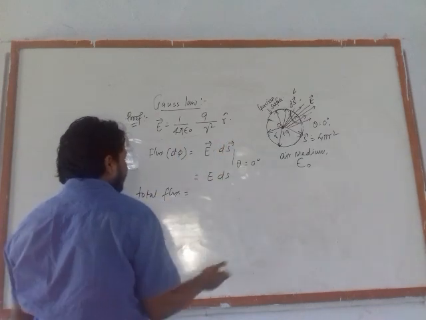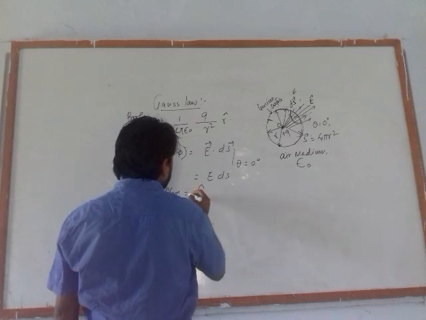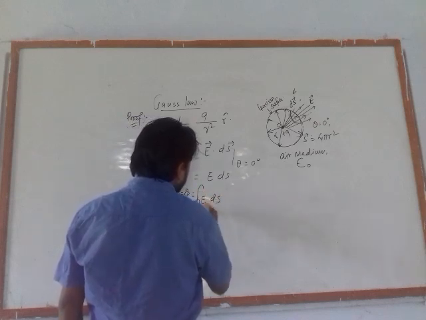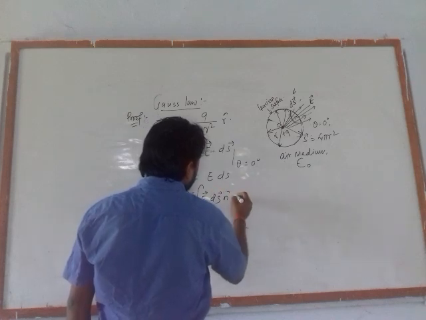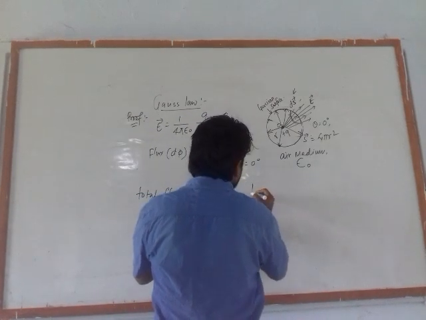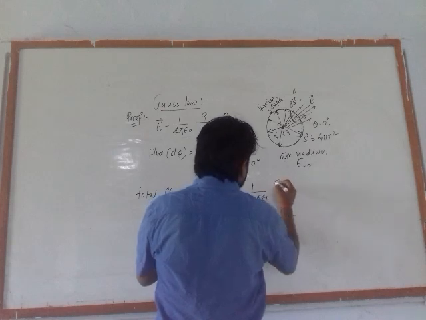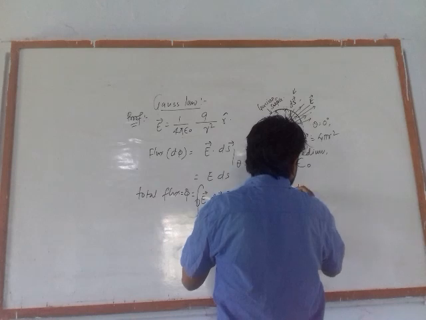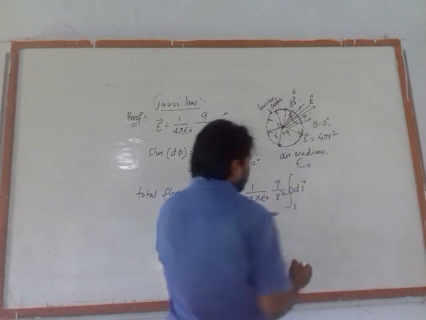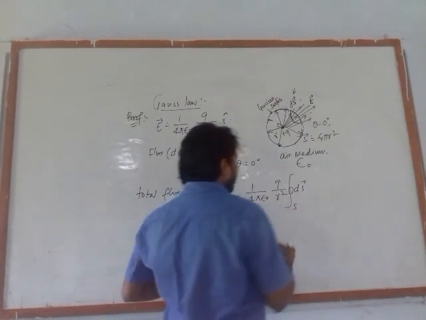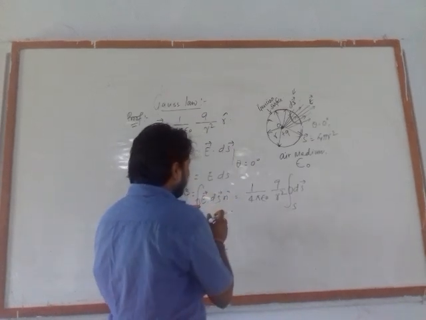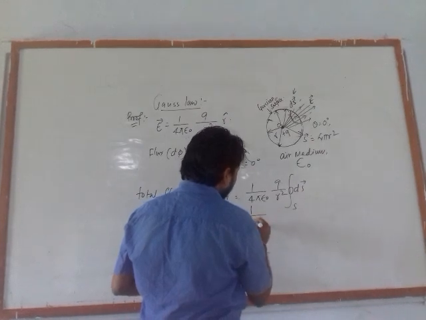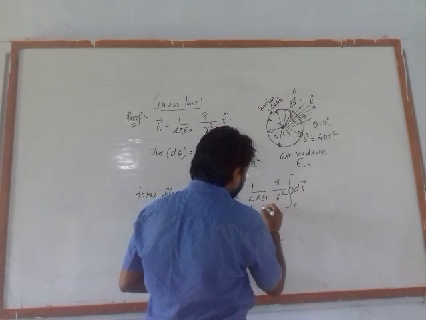It is 1 by 4 pi epsilon naught q by r square, then ds, here ds is the variable which is to be integrated, and n is in the r direction because both have the same direction, theta is 0, so maximum flux is there.